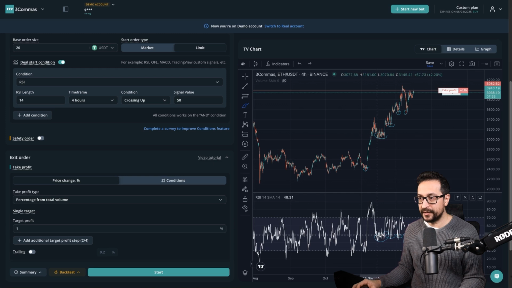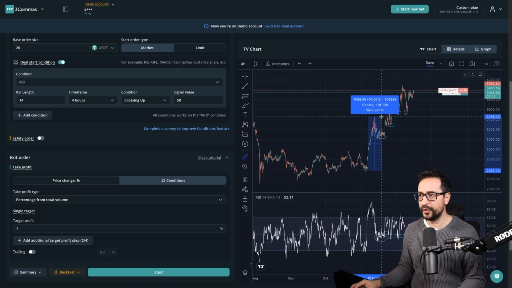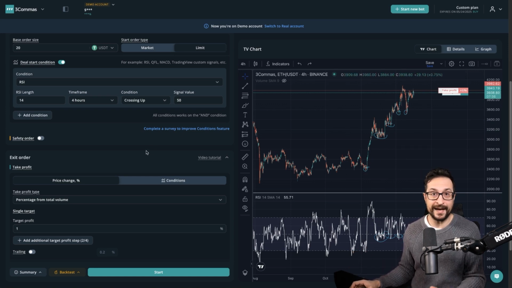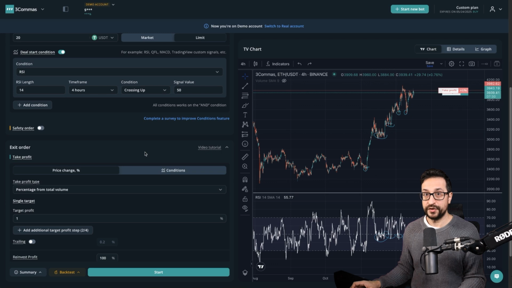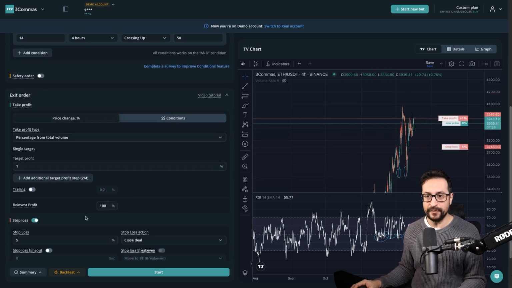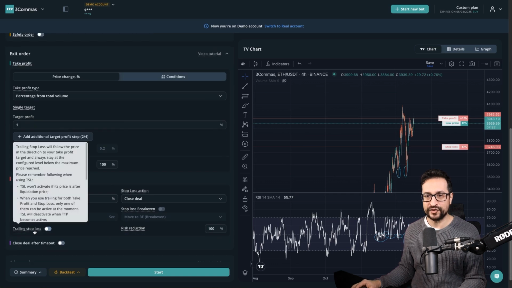It literally just requires the first one to get filled, and then you get a nice move up of 15% and so on. Of course, the first push is 46%. At that point, it will be great to have access to a trailing stop loss, which 3Commas actually offers. If you scroll down in here and you enable the stop loss, you can set it as a trailing stop loss.